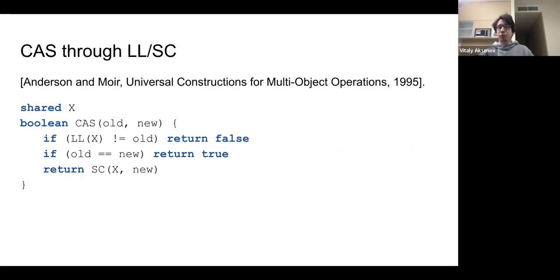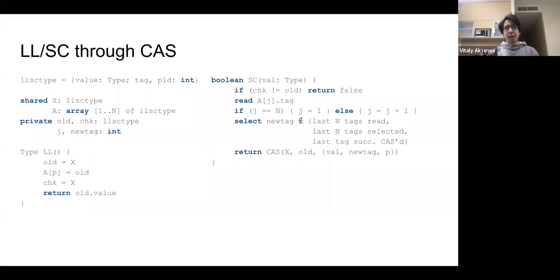You can implement concurrent swap using load-linked store-conditional. It is pretty trivial. There is a paper by Anderson and Moir that explains how to make one construction from another and back. And there is LLSC through CAS. I will not stop here, but there is a way to implement LLSC through CAS.